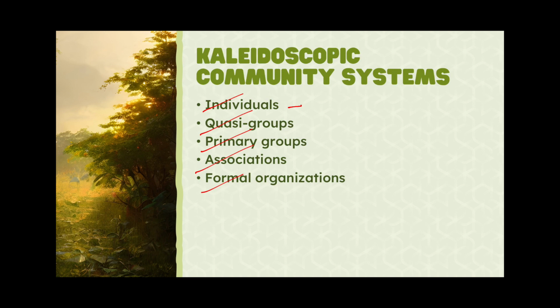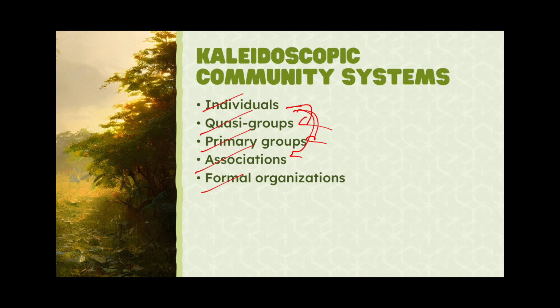Whether that's in a time of usualness, of peace, lack of conflict, etc. But also in times of crisis, like conflict, disasters, etc. Number three, we also have to shine the light of both analytical reason and creativity on the whole process. We have to think about how individuals interact with quasi-groups, primary groups, associations, and formal organizations, and how each level of the community system influences the others.